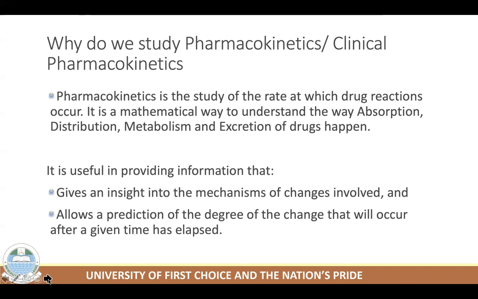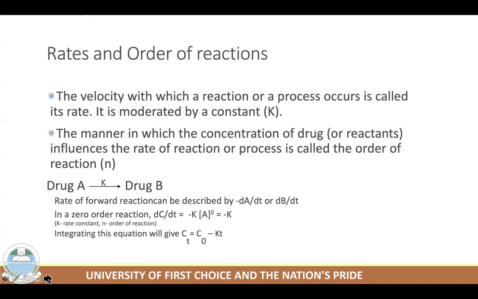So what happens to the drug? How is it absorbed? How is it distributed through the body? How does metabolism happen? And then excretion, when does excretion occur, right? So it's truly in helping provide information to give us an insight into the mechanism of changes involved, which you will shortly see, and allows us to predict the changes that will occur after the administration of the drug.